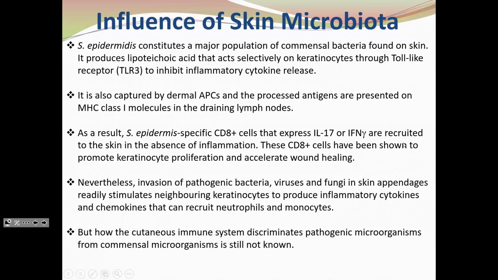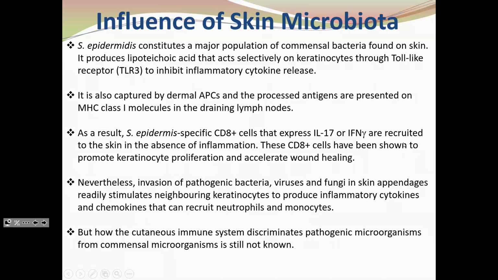So the skin microbiota, just like in the GI tract, particularly Staph epidermidis, but also other species of the normal microflora on the skin, have an important role in educating the immune system as to what is beneficial and not to be attacked.